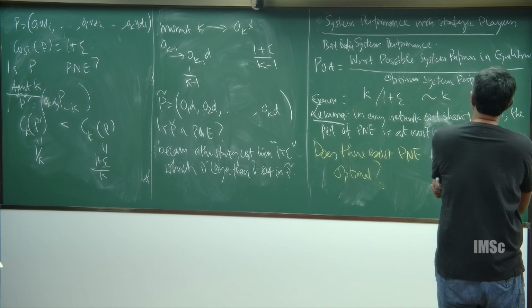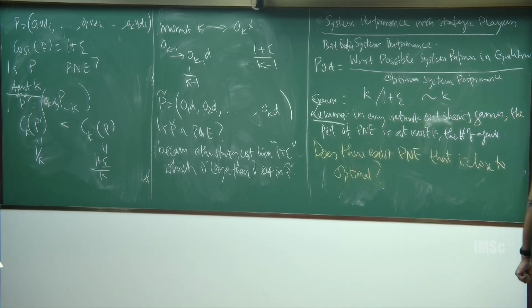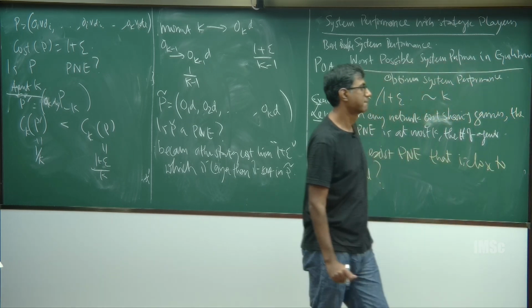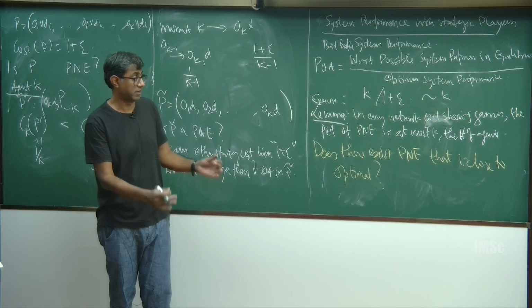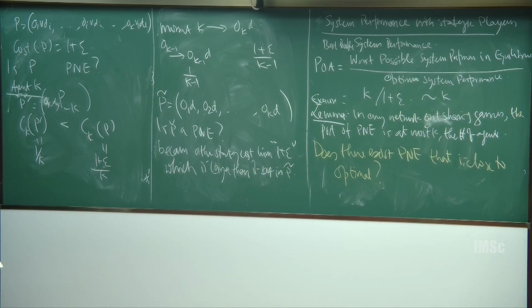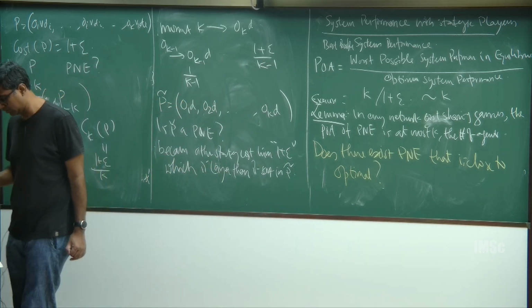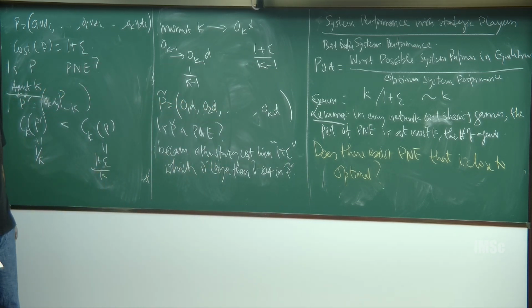What do you call it? The worst possible system performance in equilibrium, like it is less than or equal to, because we do not know, maybe there is some other strategy, I do not think there is, like ln n by 1 plus epsilon. Okay? Because maybe there is some other strategy which is better, but definitely POA is less than or equal to ln n by 1 plus epsilon, and if you stare at it, at least in this example, this is exactly equal actually. Okay? Okay, so that brings us to the next concept, what is called price of stability.